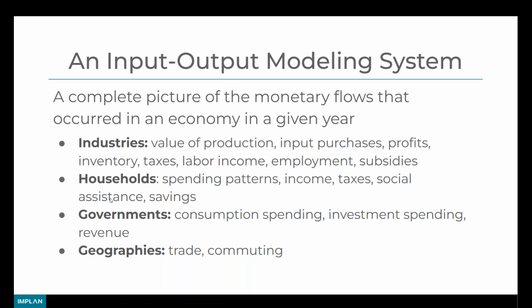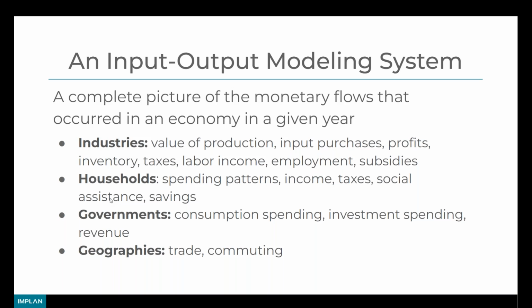From a household's perspective, IMPLAN and IO models in general provide spending patterns or household spending distribution, the income that households earn, taxes that are paid by households, any social assistance that they receive, and any savings that they're able to allocate within a given year.